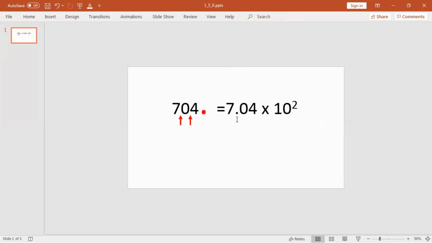And so it should be 7.04 times 10 to the second power.